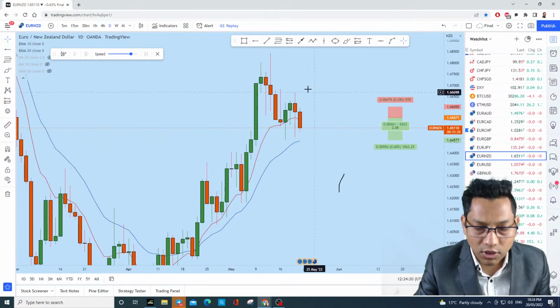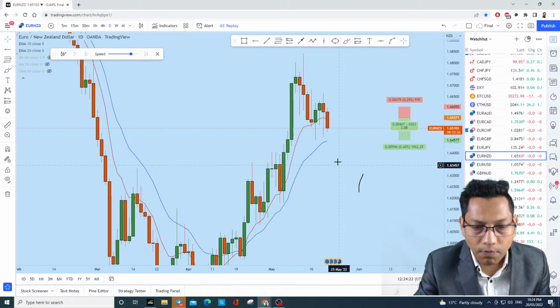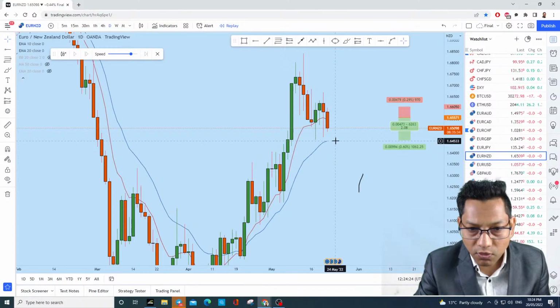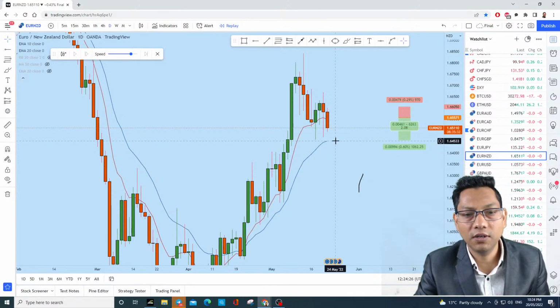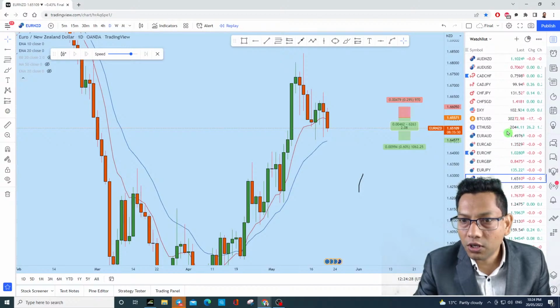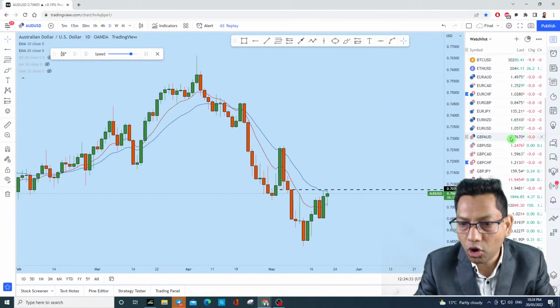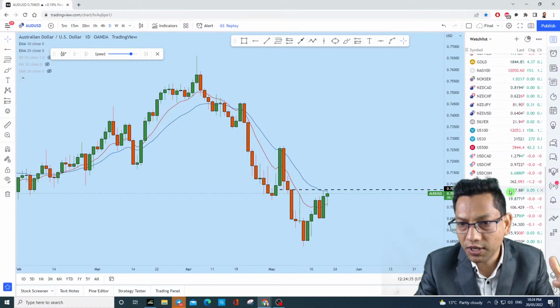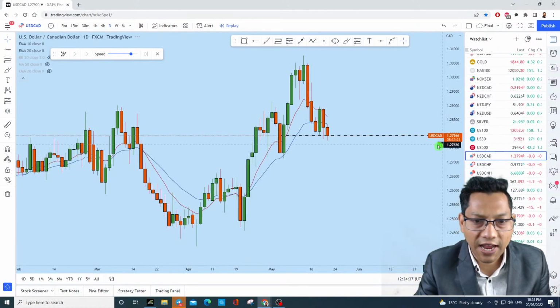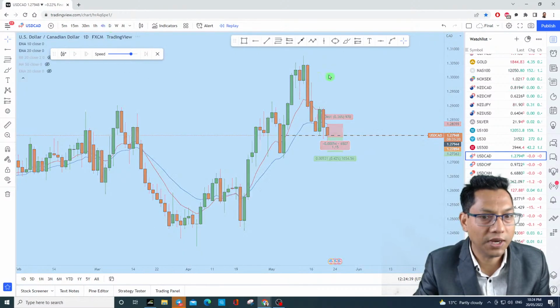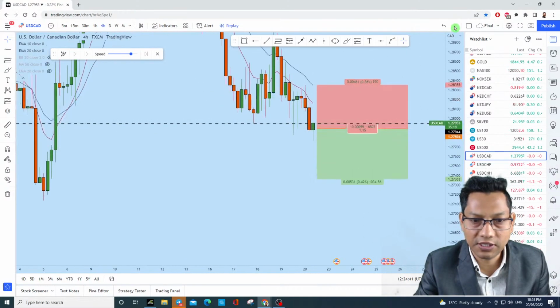So that's what it is. I think that Euro and ZD will drop up to at least this 20 period moving average, that I am confident. For Aussie dollar, GBP, I'm not sure. Euro dollar, Aussie dollar, they're confusing. Even USD CAD looks bearish, but it could deceive us at any point.